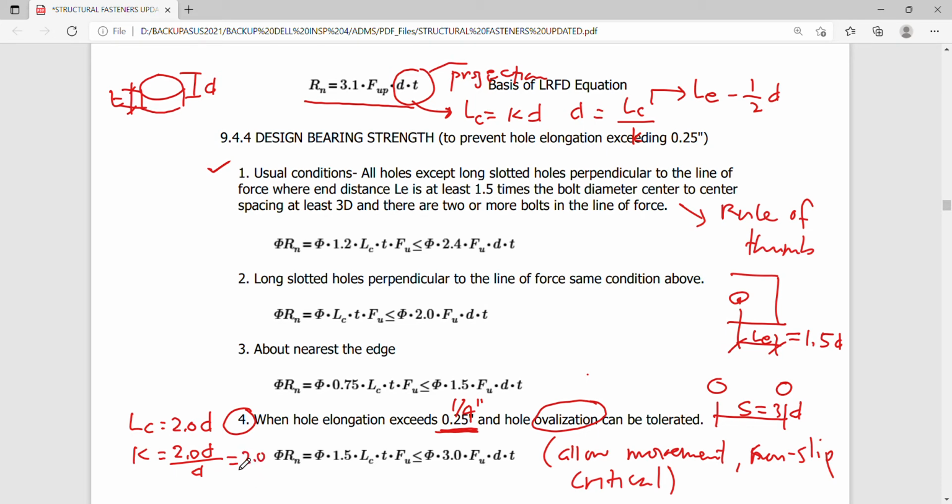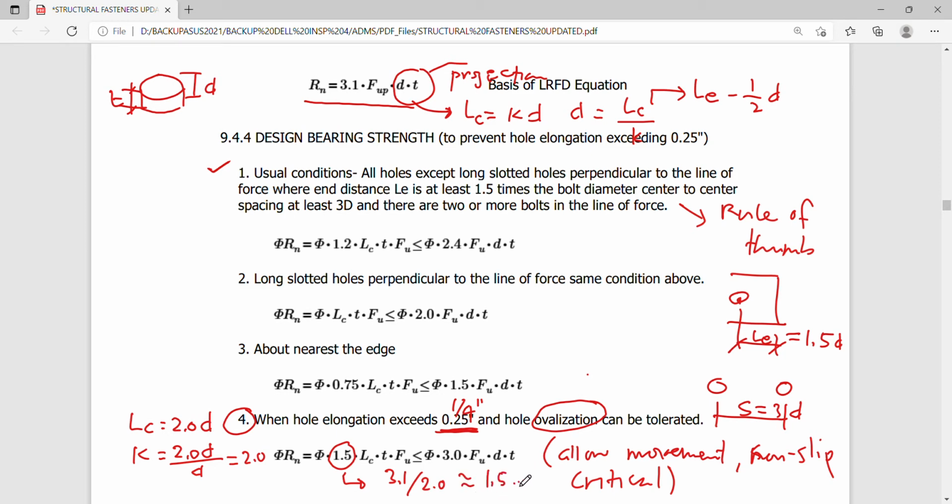Okay, so my K value here is 2.0. And if I substitute D on the basis of this equation, 3.1 will be divided by my K value of 2, and I will get 1.5 here. So this 1.5 was obtained from 3.1 divided by 2.0, which is approximately 1.5.